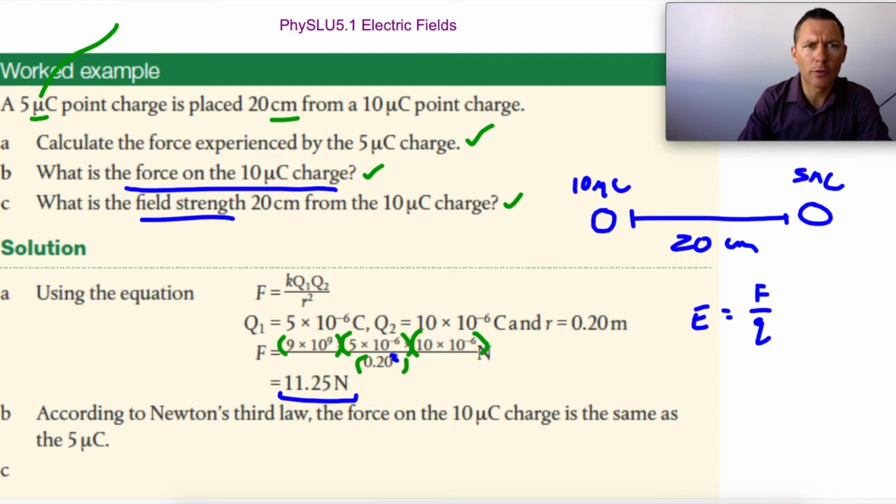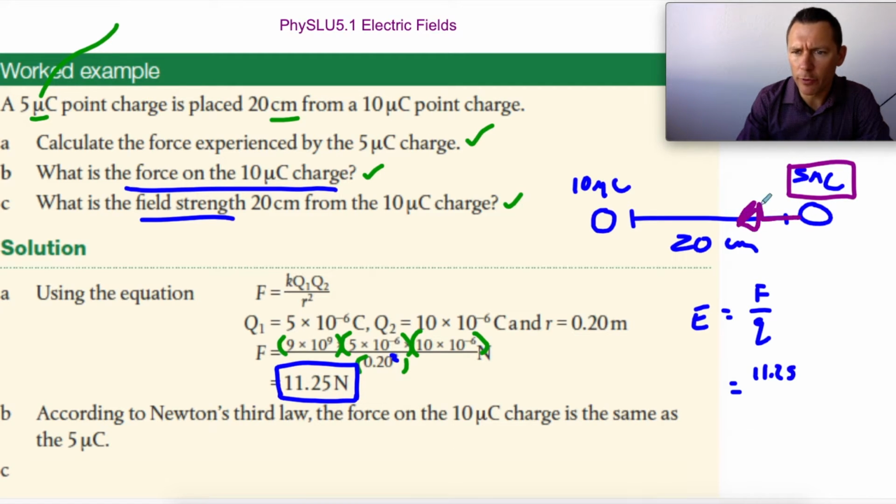And I know that the force is 11.25. 11.25 is pulling on the 5 microcoulomb charge. So I think this is over 5 microcoulombs times 10 to the negative 6.